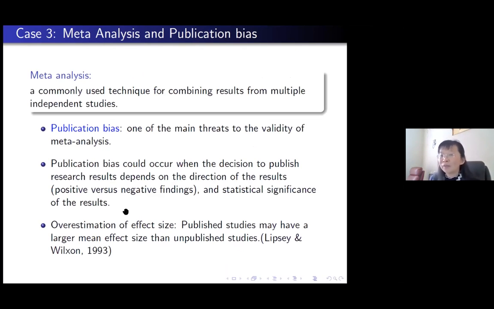However, the validity of the results of meta-analysis is threatened by publication bias. Publication bias occurs when the decision to publish the research depends on statistical significance of the results and other factors, such as sample sizes of studies.